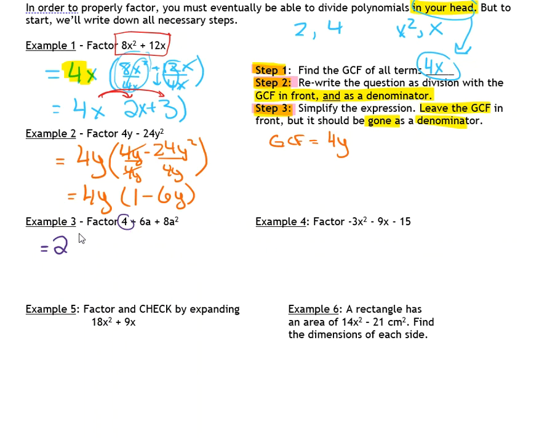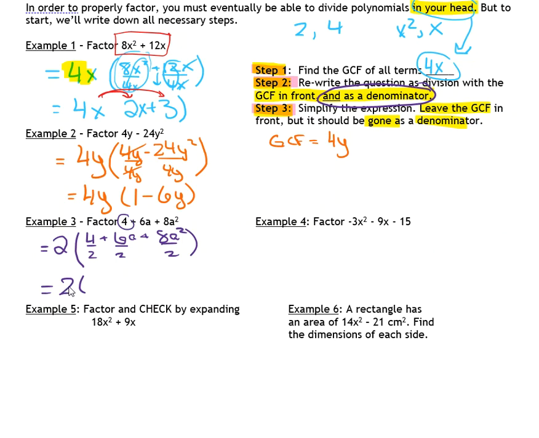So I open a bracket, I rewrite the question, 4 plus 6a plus 8a squared, and under each one I put my greatest common factor. My greatest common factor is the denominator. Now I do the division. The 2 stays there, very important.